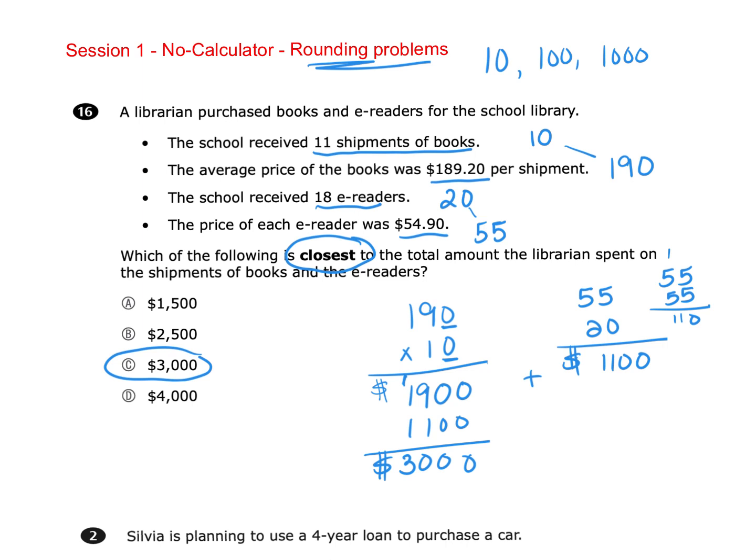So this is the best way to get an answer when you don't have a calculator: we want to round everything to the closest 10, 100, or 1,000 to make the math easier to do without the calculator. So let's look at our next problem.